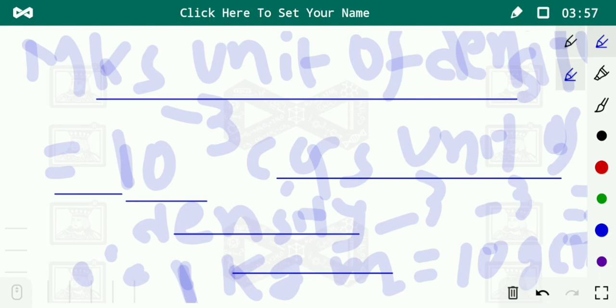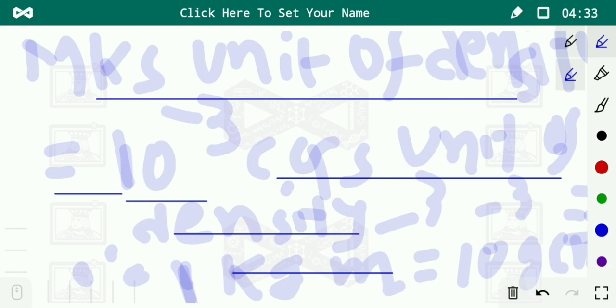This is an exceptional relationship because the MKS unit is smaller than the CGS unit. In the previous example, joule was 10 raised to 7 times larger than the CGS unit, erg. But here the MKS unit of density is 10 raised to minus 3 times that of the CGS unit. Or in other words, the CGS unit of density is 10 raised to 3 times the MKS unit of density. So students, this is what I have to say regarding this homework.